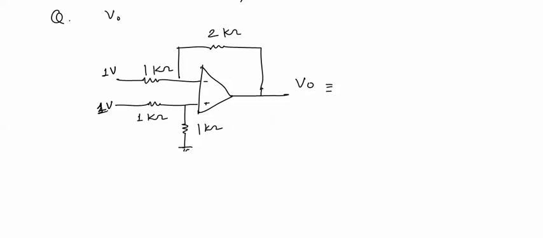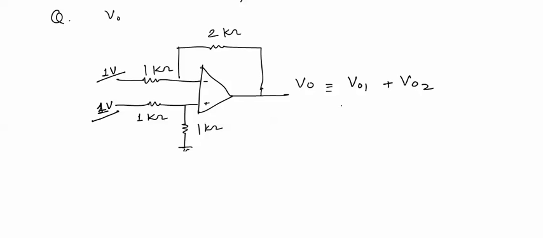Now we know that this is like a difference amplifier in which there will be two outputs V01 and V02. So this V0 will be equal to V01 plus V02. We know that V01 will be output due to this 1 volt and V02 will be output due to this 1 volt.